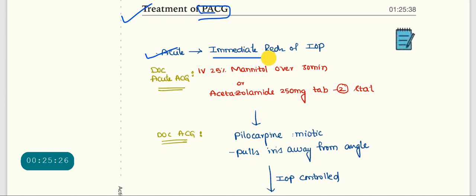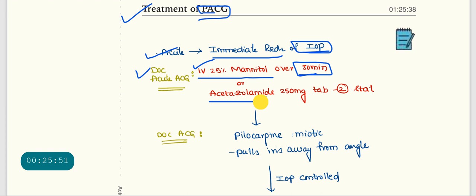The drug of choice for acute PACG is IV 25% mannitol over 30 minutes, or you can use an acetazolamide 250 mg tablet twice. Pilocarpine is used as a miotic agent, and it pulls the iris away from the angle. That is the mechanism of action.